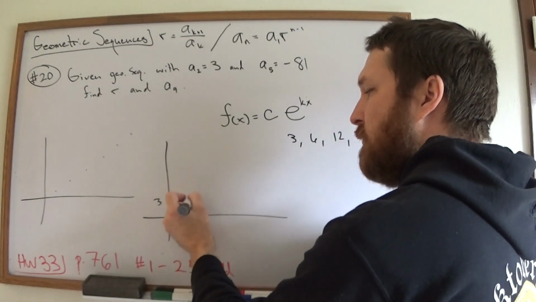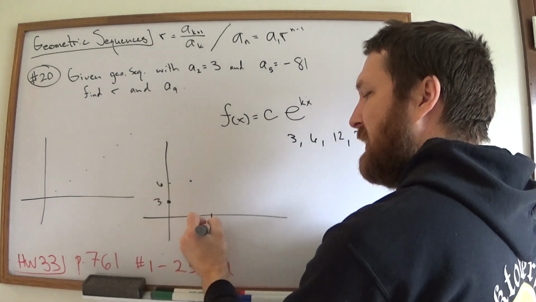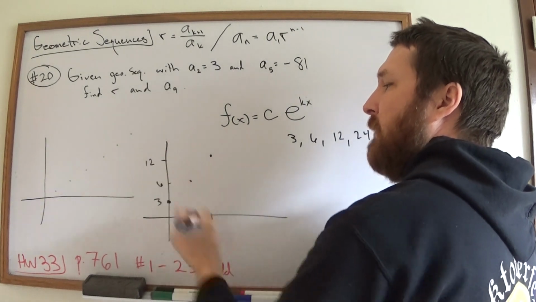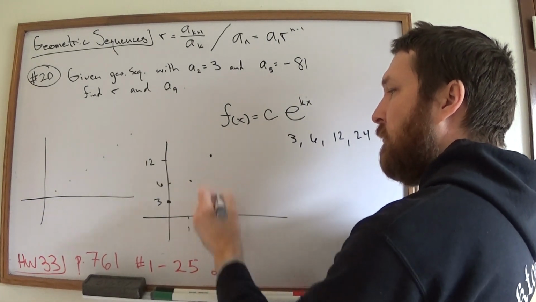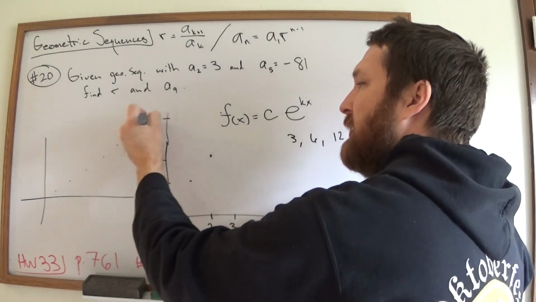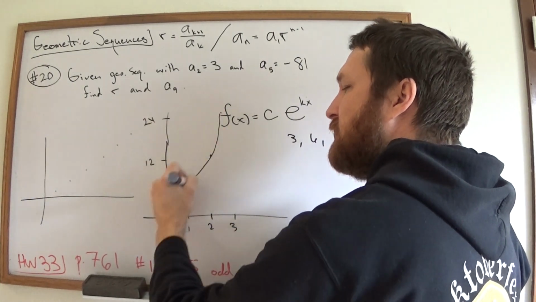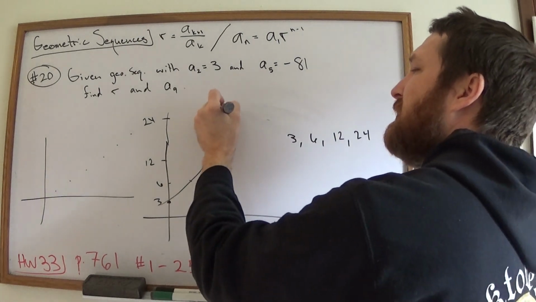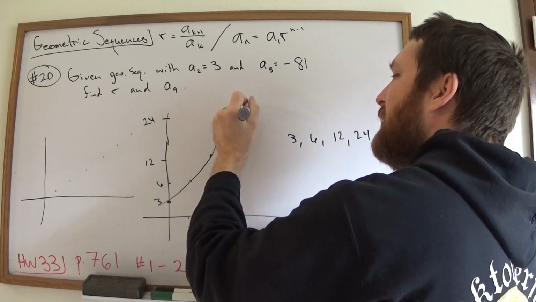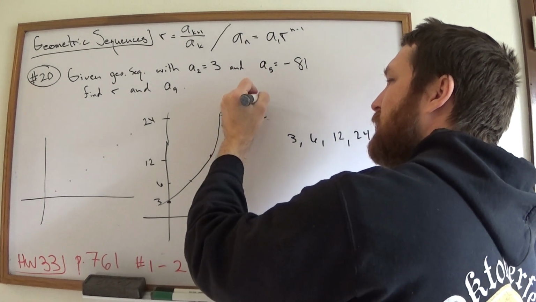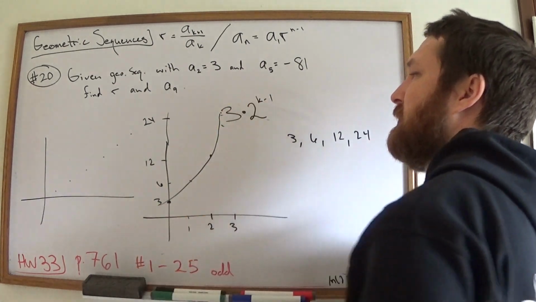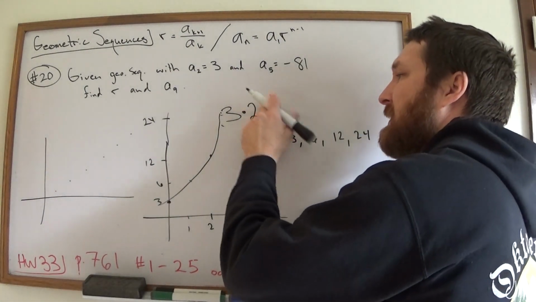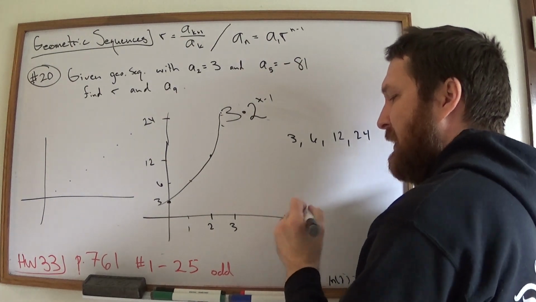And so you multiply by 2 to get the next one, and when you go over one more, you multiply by 2 again to get up to 24, and so forth, and so forth. What we're doing is very similar to 3 times 2 to the k minus 1. It would be plus 1, whatever. Oh, sorry, x, if that's my x-axis.